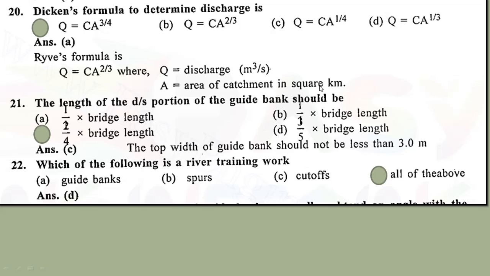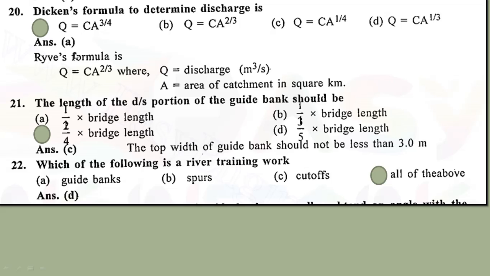So Dickens formula is Q equals C A raised to 3 by 4, and Ryves formula is Q equals C A raised to 2 by 3. C is the constant, Ryves constant and Dickens constant.